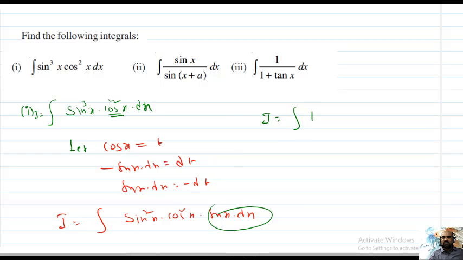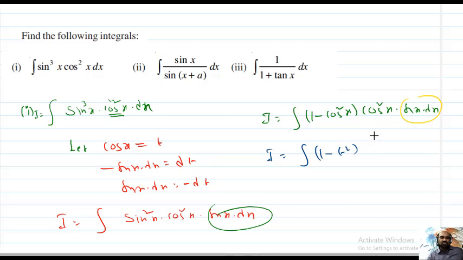Sin square x means 1 minus cos square x. This cos square x stays as it is, this sin x into dx as it is. Now instead of this I can write minus dt. Students listen, I is equal to integral of 1 minus t square into t square into minus dt.